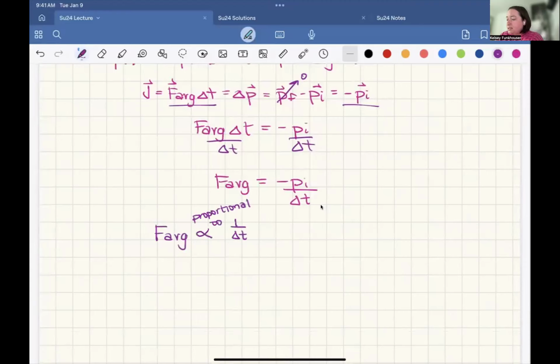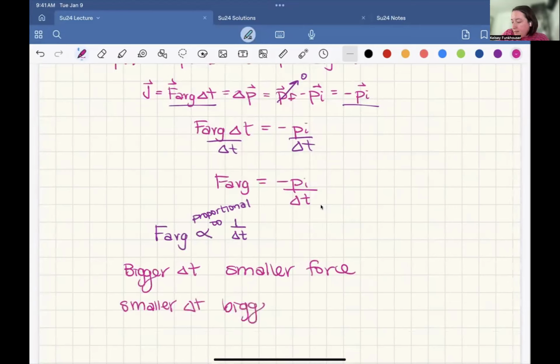And what that really means is the bigger the time interval, the smaller force is necessary. But the opposite of that is also true. The smaller the time interval, a bigger force is needed to bring the object to a stop.